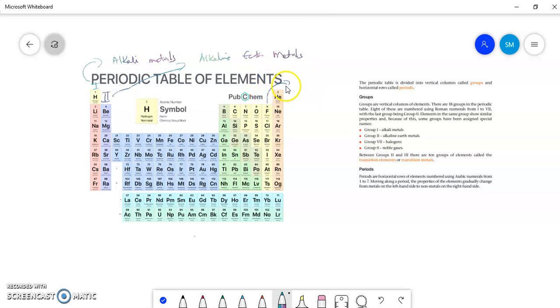Group 7, which is here, which includes fluorine, chlorine, bromine, iodine, is referred to as the halogens. And group 8 or group 0 is referred to as the noble gases. You should also know that the group of elements between group 2 and group 3 are referred to as the transition elements.